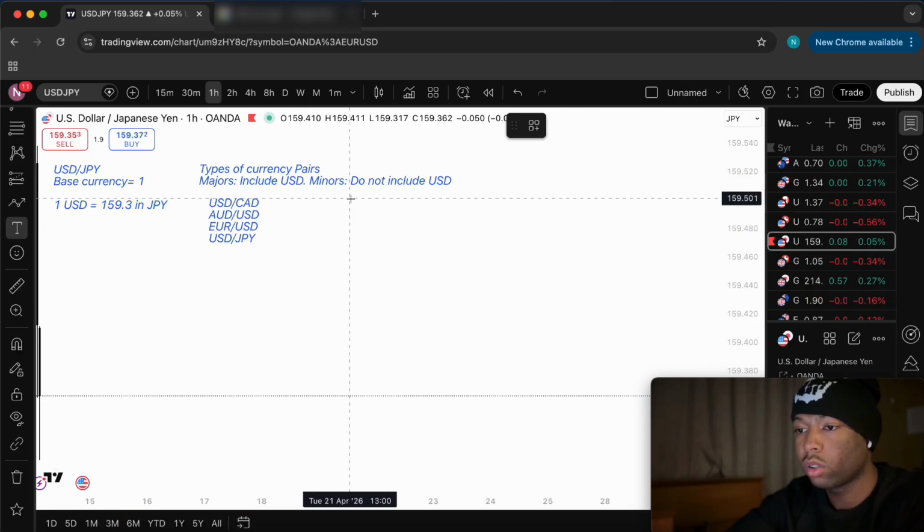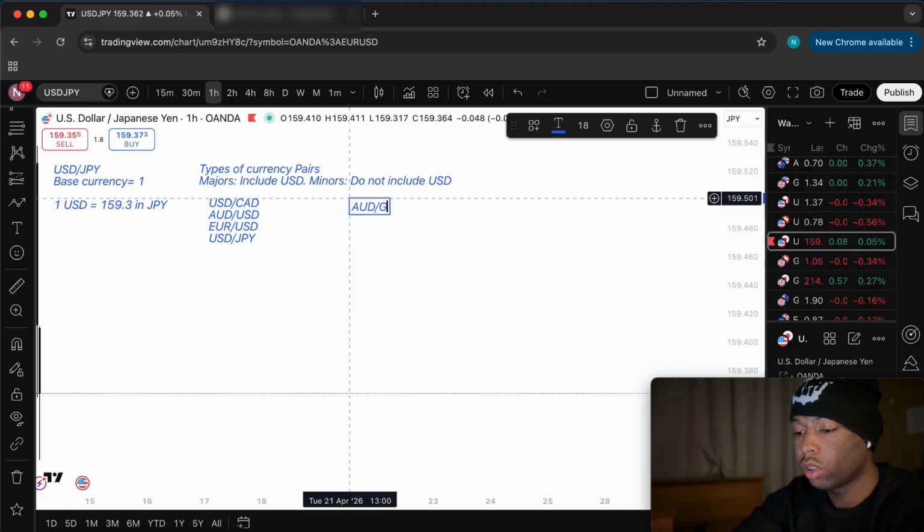Now for minors, you can have the Australian dollar versus Japanese yen, the Great Britain pound versus the Aussie dollar.